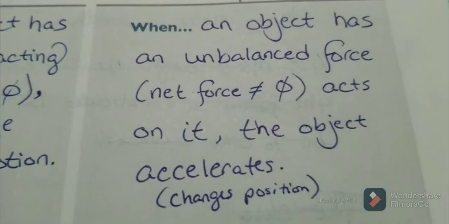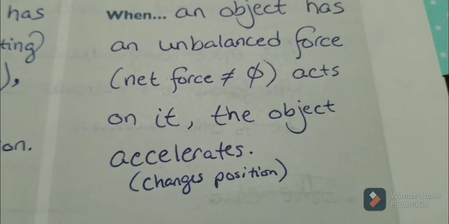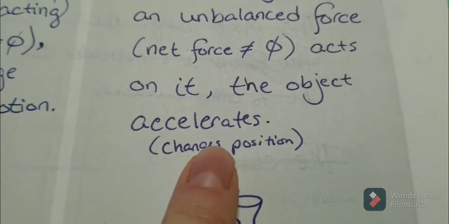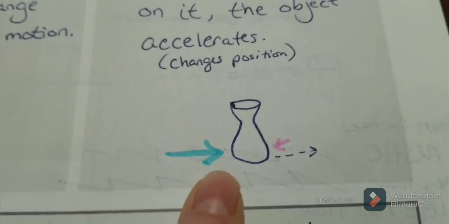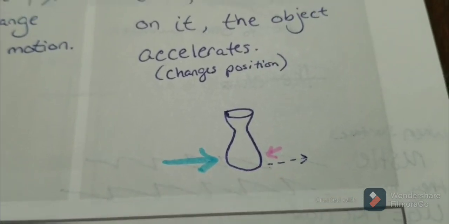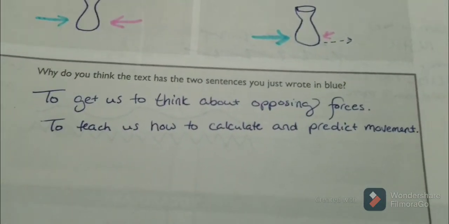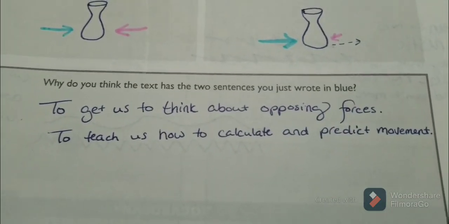So when the net force is not 0, the unbalanced force causes the object to accelerate or change position. It can move. If it had been high and low, it might have just toppled over. But it causes movement when it's unbalanced.